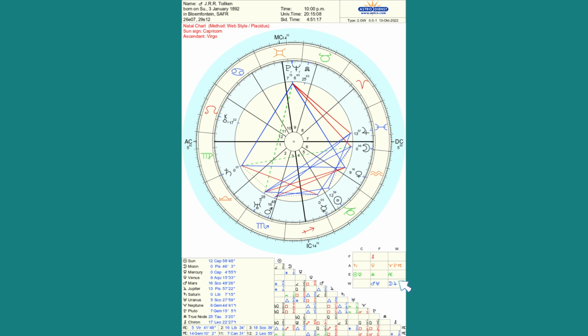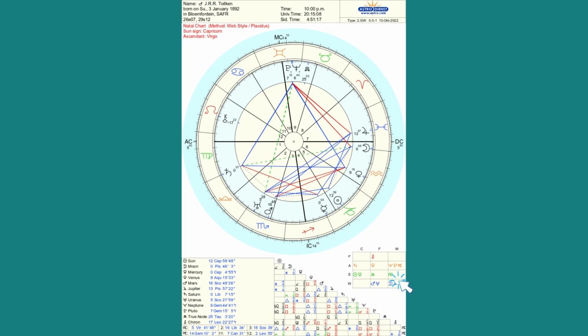But this chart essentially will show you, it'll distribute things where they need to be distributed. So in this case, Tolkien has pretty even energy.